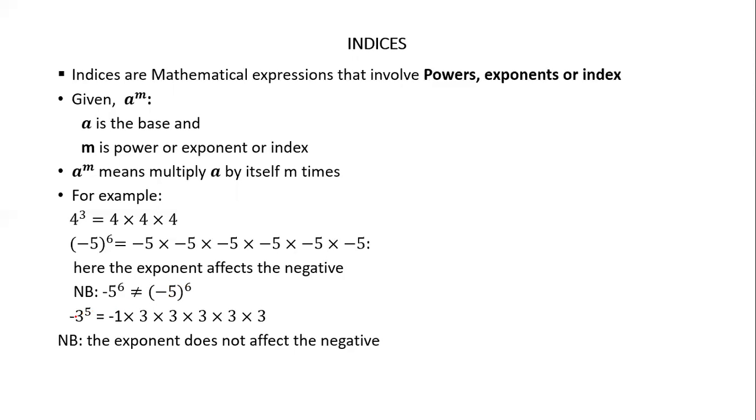For example, if you have -3 power 5, it means we can express this as -1 times 3 times 3 times 3 times 3 times 3, 5 times. The negative only affects the 1. It means the power has no effect on the negative. That's why I said -5 power 6 is not the same as (-5) all power 6.